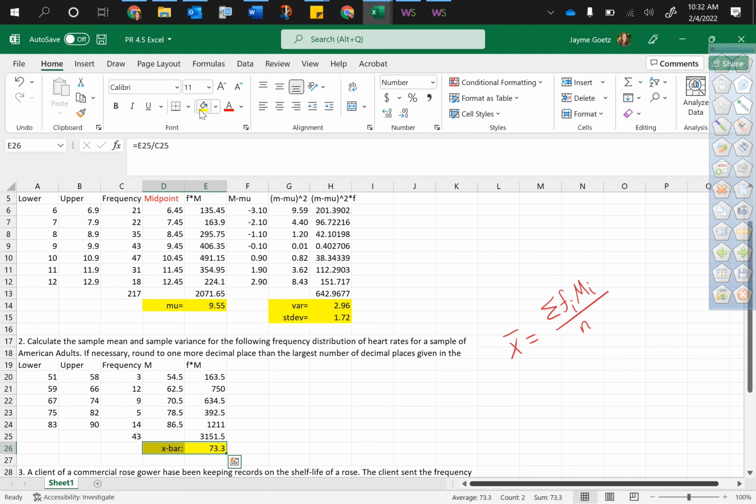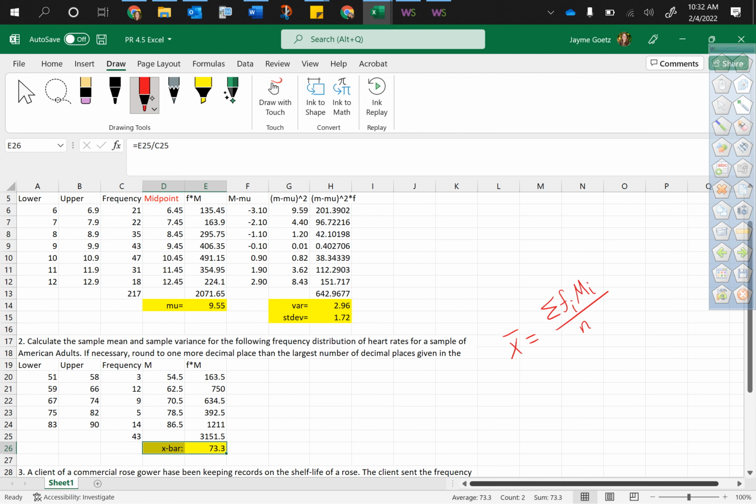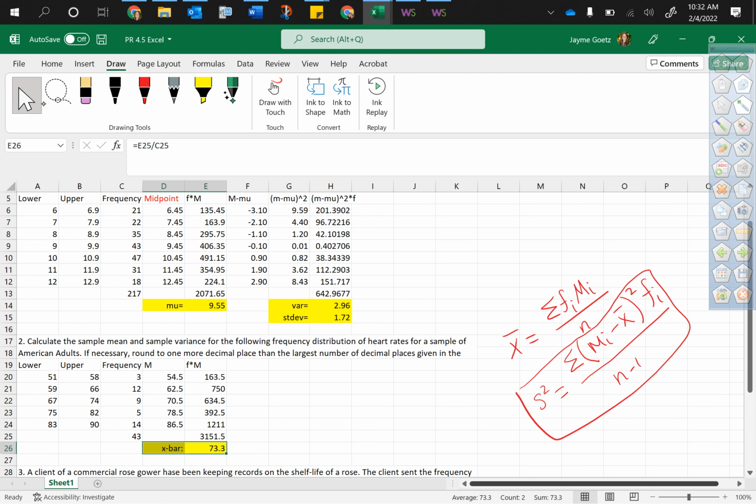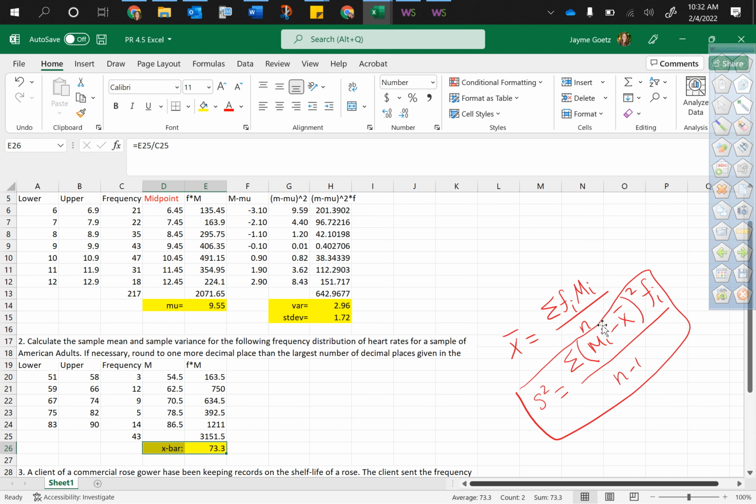All right. Next, we need to find the sample variance and sample standard deviation. So the formula for sample variance, S squared equals, we want the sum of my midpoint minus my mean squared times my frequency all over my sample size minus 1. Okay? So, based on this formula, what should I do first?